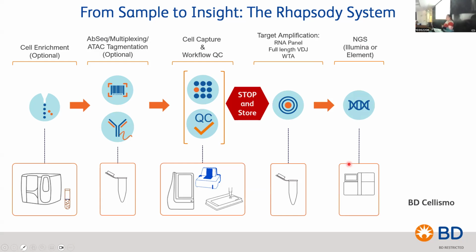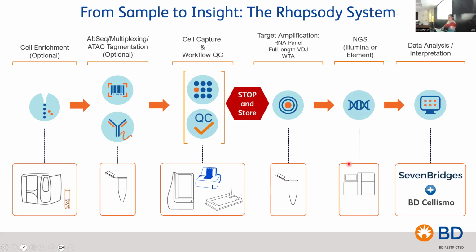These are generated for Illumina sequencing. We do, however, have compatibility with Element, and we are also currently working with Ultima for those who are shopping around for different sequencers. And then we have data analysis and interpretation, which I'll also touch on today. We offer free to our users a primary analysis pipeline, which is hosted on 7bridges, as well as our secondary analysis data visualization tool, the Ucilismo, which is a point-and-click user interface for our end users who don't have experience or are not proficient coding.